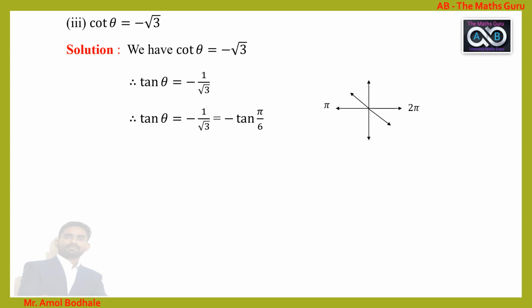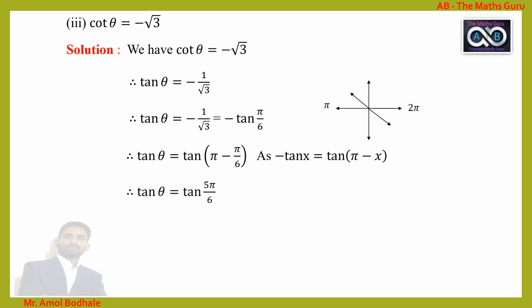So we will use pi minus theta. So minus tan x can be written as tan of pi minus x. So tan theta as it is, and this negative tan of pi by 6 we can write as tan of pi minus pi by 6, and this difference will become 5 pi by 6. So again here we can use the formula tan theta equal to tan alpha.